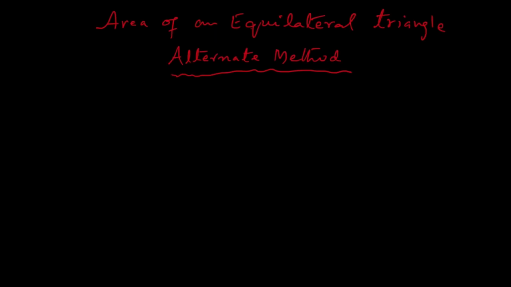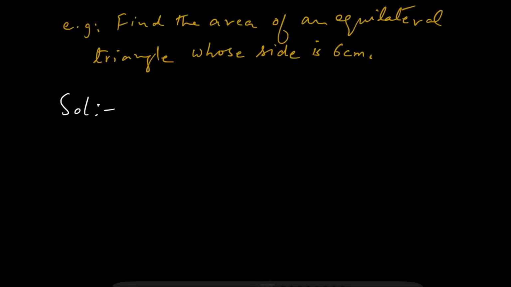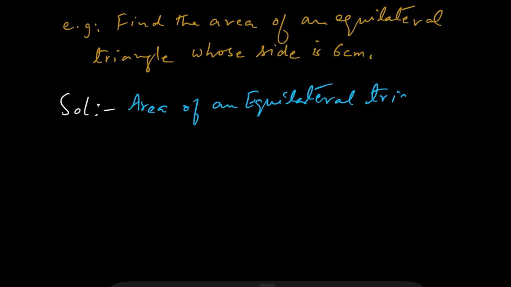That is the formula for finding the area of an equilateral triangle, whose side is 6 centimeters. Now we shall do it. Area of an equilateral triangle, what is the formula you know? We derived it: root 3 by 4 into side square.